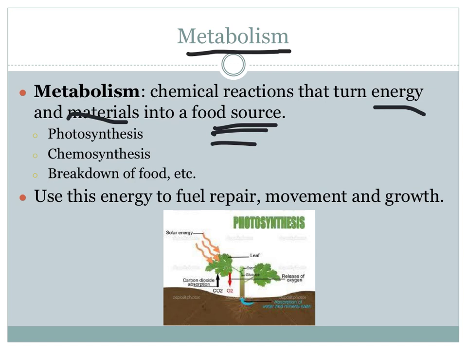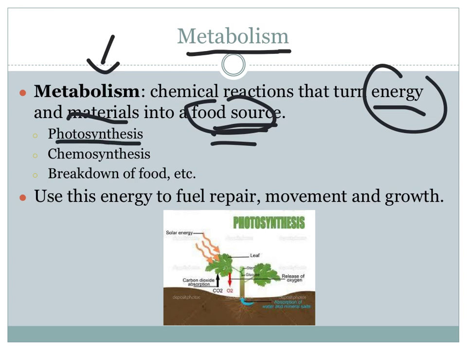We can't do that because we're not as cool as plants, but we can break down that food source into energy. Right, we can break down our food to make energy for our bodies. So we have a metabolism kind of in the opposite direction of what I was talking about with photosynthesis. And then we use that energy we make to fuel our body, to move our body, to repair things in our body. So that's a metabolism. All living things can do that.